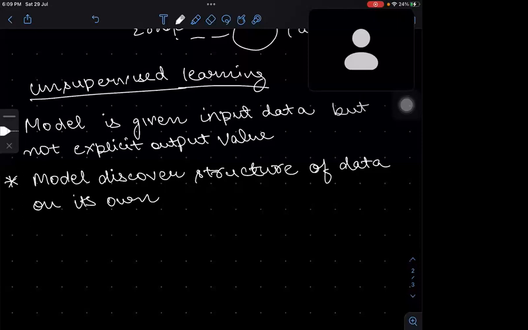What about DBSCAN clustering? Any idea? You're absolutely correct that there are clustering techniques in which we have to mention how many clusters, like K-means clustering, K equals 3, we have to make 3 clusters. We are explicitly mentioning. Now, what about DBSCAN clustering?